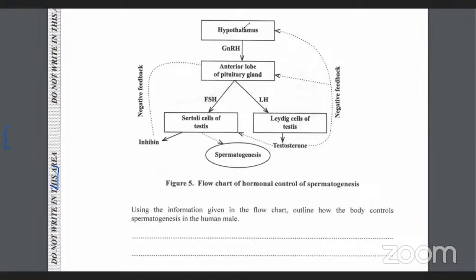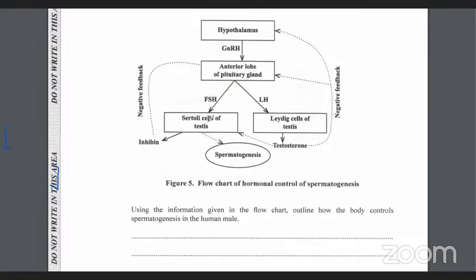So the hypothalamus will release the gonadotropin releasing hormone. Once that is released, it will trigger the pituitary gland now to release follicle stimulating hormone and luteinizing hormone.